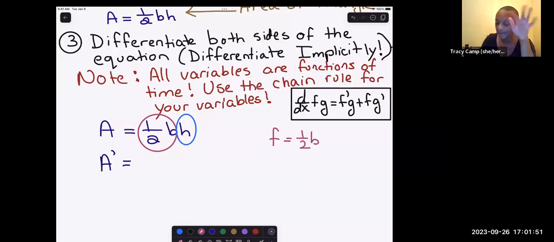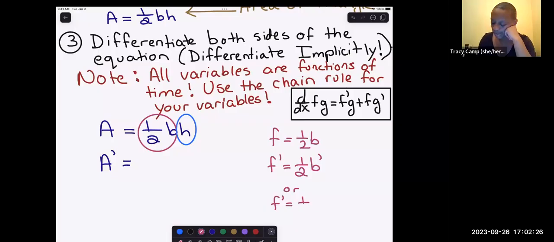And here's where it gets strange. When I find my F prime, I will have 1/2, right? But because B is a function of time, it's not just B independently. It depends on time. And so this is going to be 1/2 B prime. Some people write dB dt, just like I was saying in section 2.5, that some people write dy dx instead of y prime.